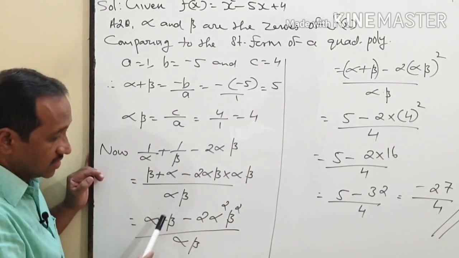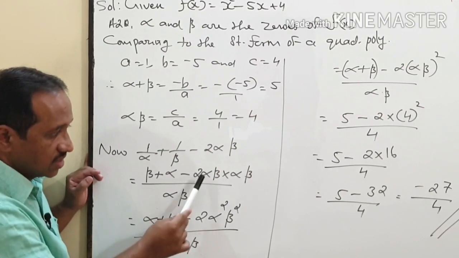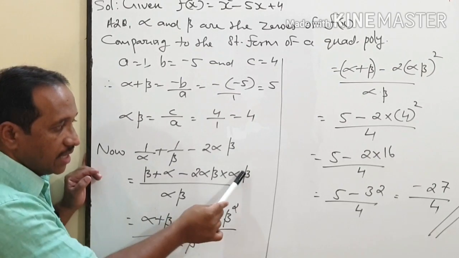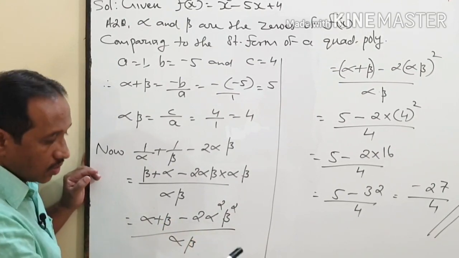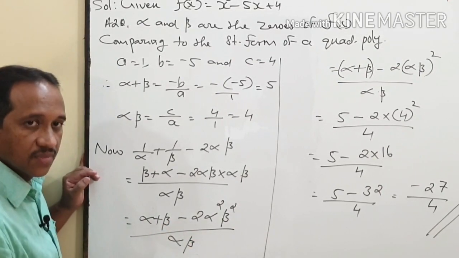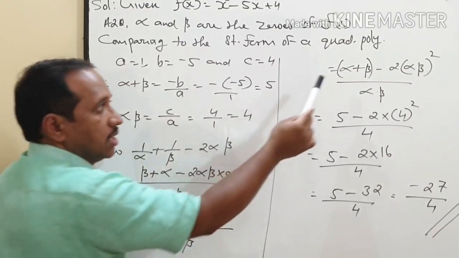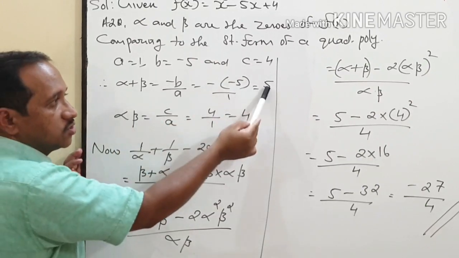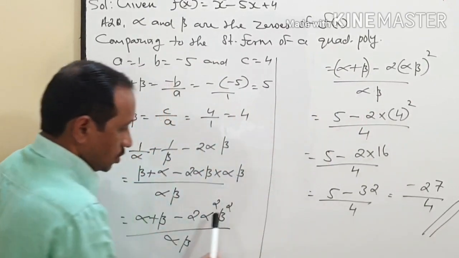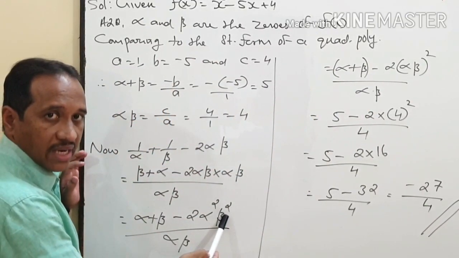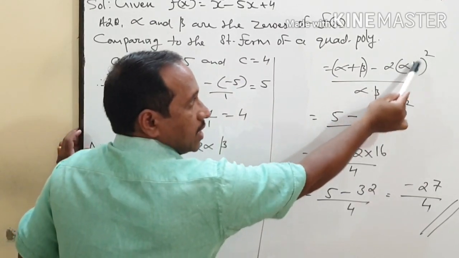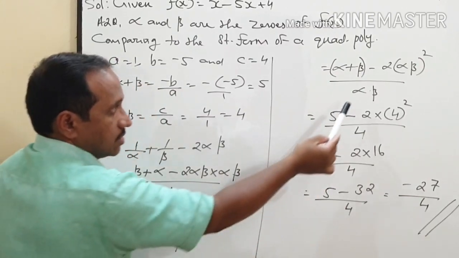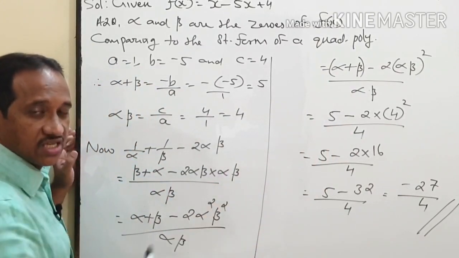Beta plus alpha is alpha plus beta, minus 2 into alpha² beta², the whole divided by alpha beta. Here alpha + beta has not changed because we have the value of alpha + beta. Minus 2 alpha² beta² can be written as 2 (alpha beta)², the whole divided by alpha beta. Here the denominator also has no change.